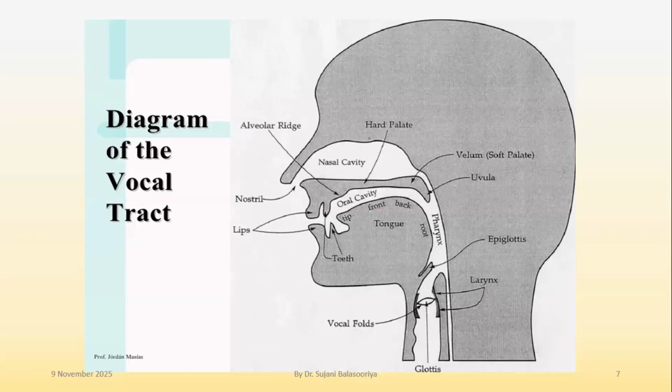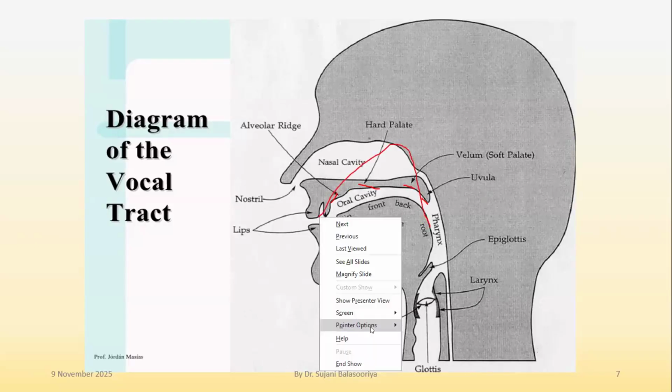Whereas alveolar ridge, hard palate, soft palate, uvula, these are passive articulators because you don't find these articulators going anywhere, right?